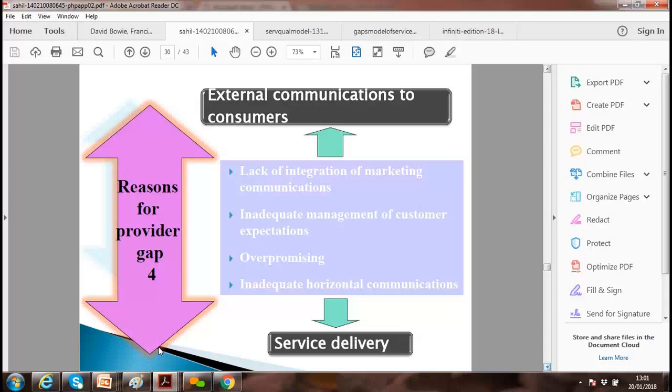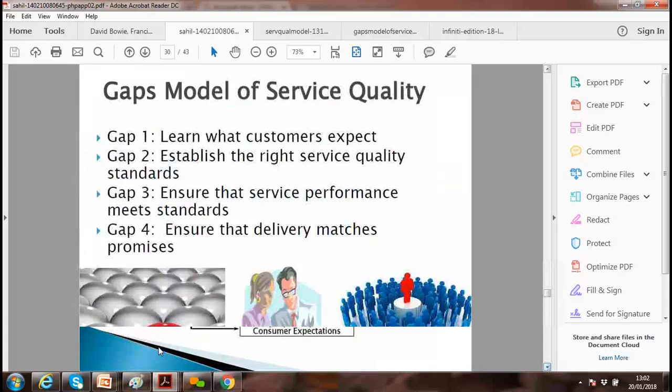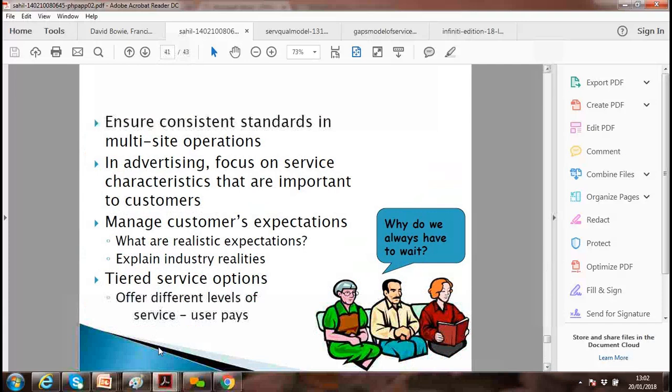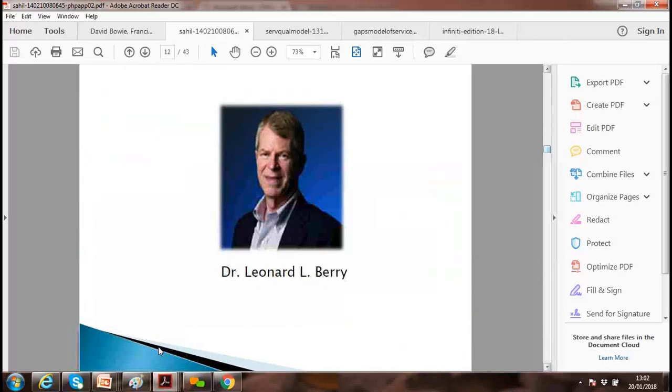So, external communication to the consumer. We need to look at the lack of integration of marketing communication, where they can get feedback, like communication through the internet. If they have any difficulty, they can approach it, with the emails of all the bosses and the department's complaint handling and all sorts of information if they're not happy. All these lead to poor service quality.